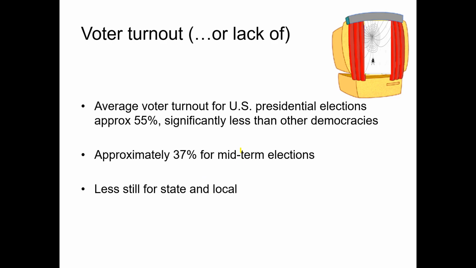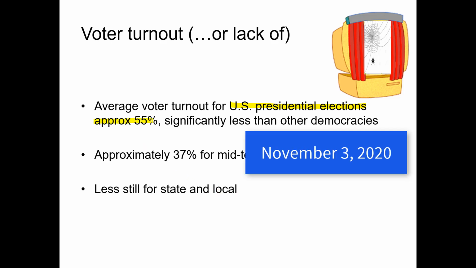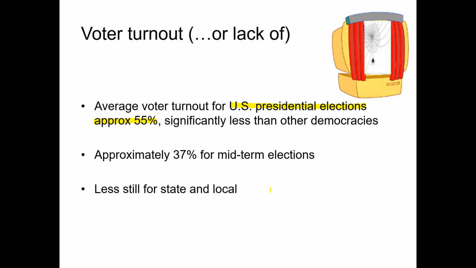The average turnout for U.S. presidential elections, which everybody is aware of, unless you've been living under a rock, we pretty much know when the next presidential election is, is still only about 55% on average, significantly less than other democracies.